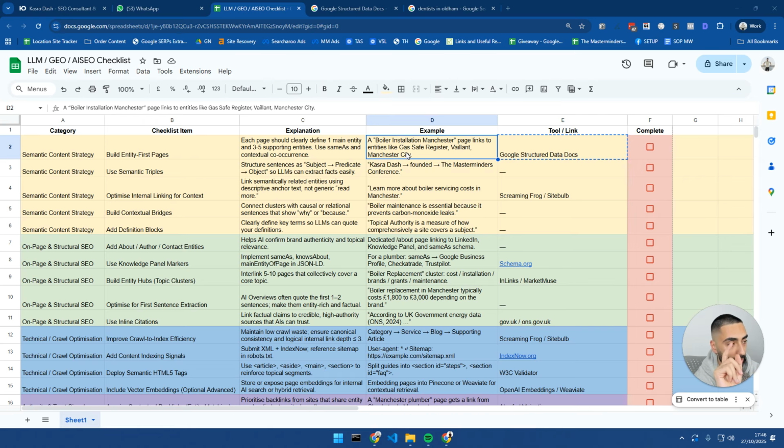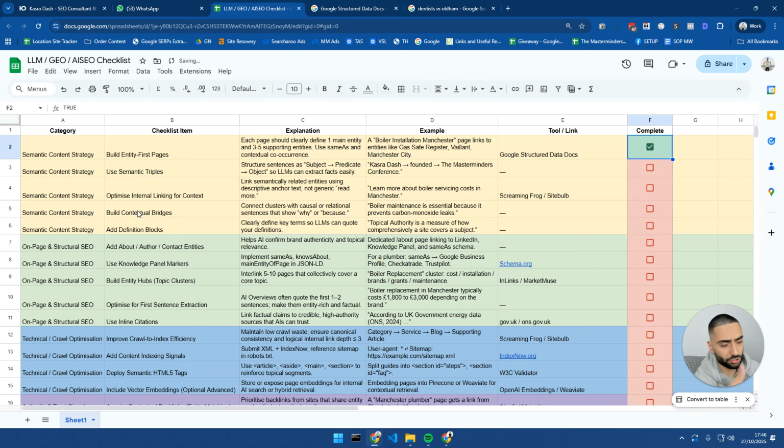So in that case, we've got a specific type of service, we've got a brand, and we've also got a city, which would mean that we've got three entities on that page. So every page, as a rule of thumb, that's what you should be aiming for.